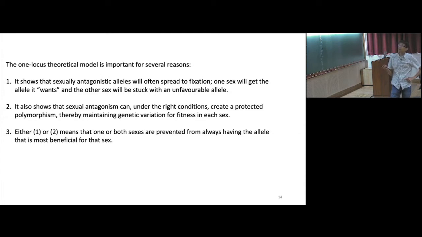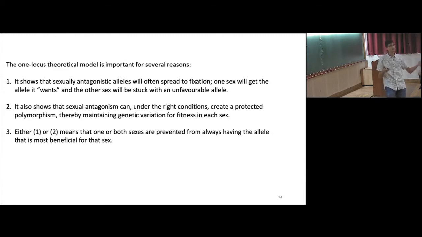On the other hand, there are those shaded regions, and so sexual antagonism can, under the right conditions, create a protected polymorphism and thereby contribute to the maintenance of genetic variation for fitness in each sex. And of course, this relates very much to one of the fundamental questions in our field: why do we have genetic variation for fitness or fitness components?